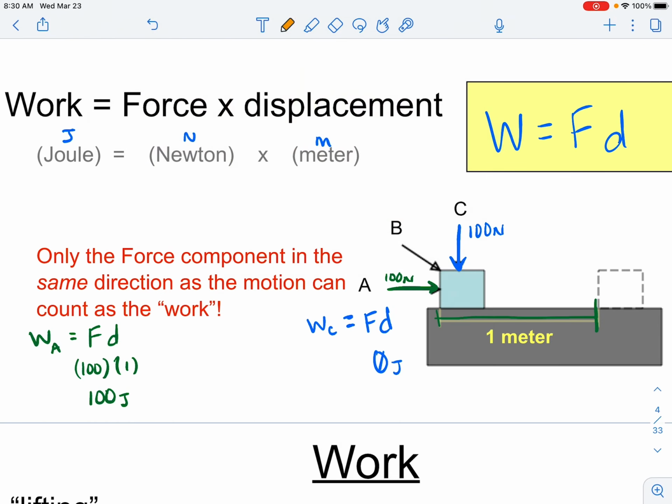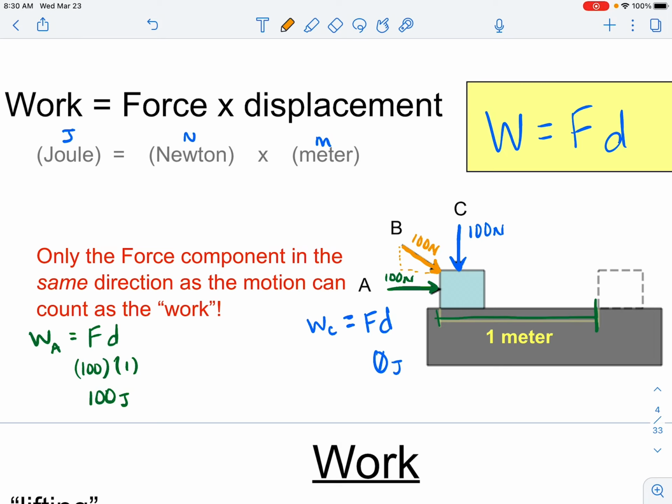Now when we look at vector B, this is once again 100 newtons, but because this force is being applied along a diagonal, we need to pause and remember that all diagonals have a component that is vertical and a component that is horizontal.